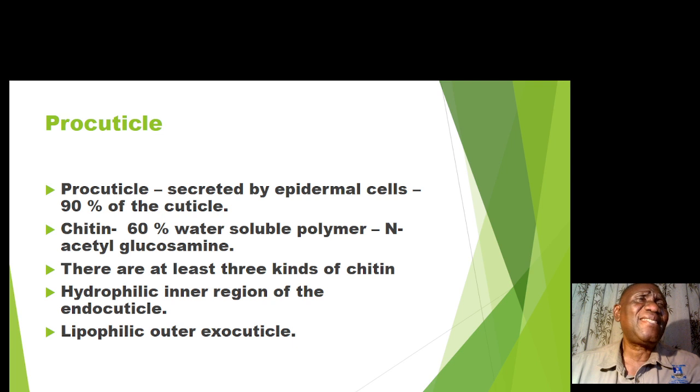Then we have got the chitin, which is a 60% water-insoluble polymer, N-acetyl glucosamine. That is the chitin. There are at least 3 kinds of chitin: hydrophilic inner region of the endocuticle and the other lipophilic outer exocuticle.